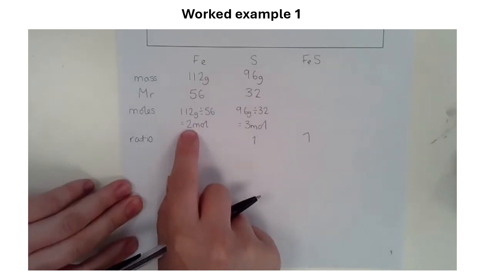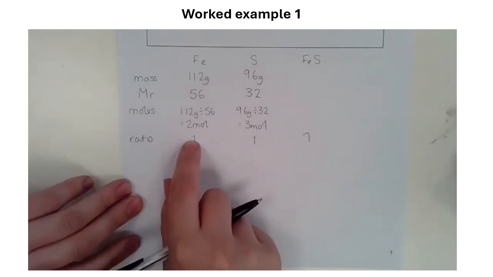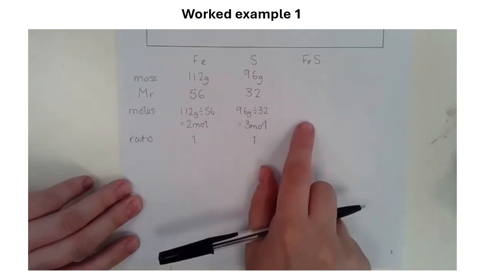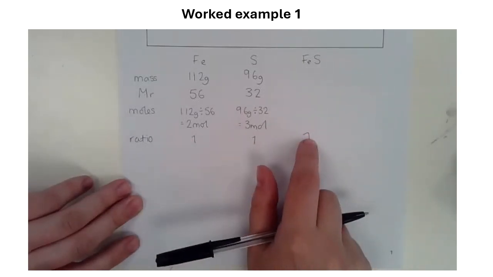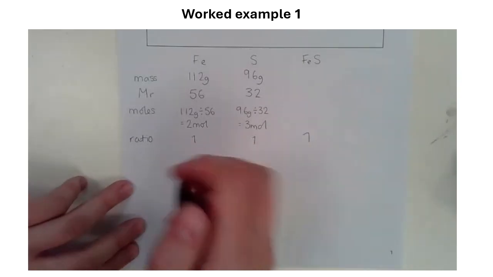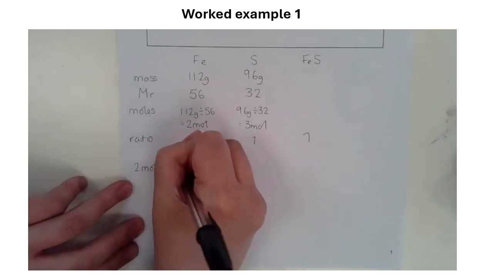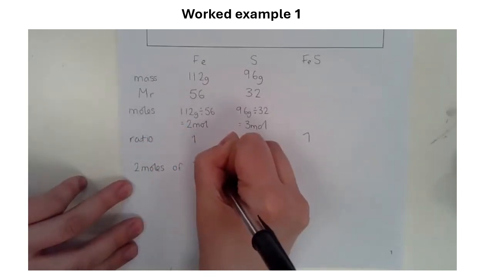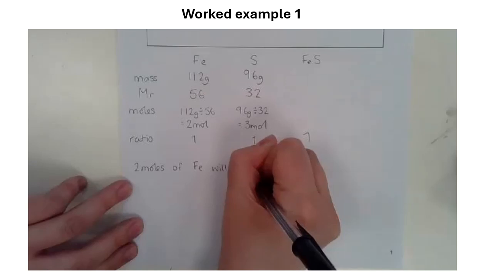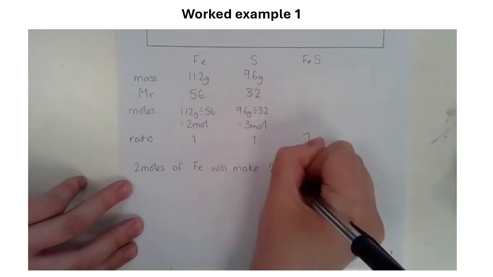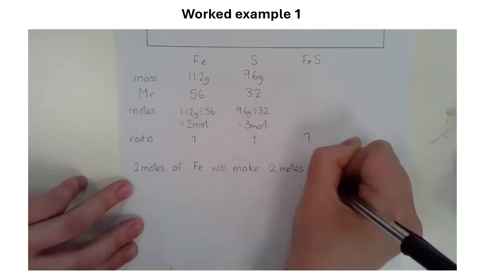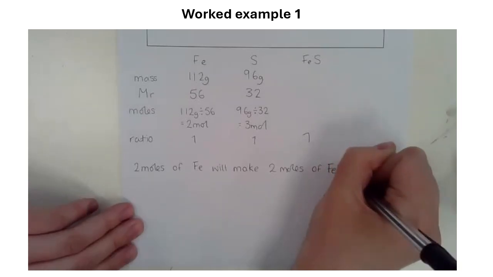If I have 2 moles of iron, the maximum moles of iron sulfide I can make with my 1 to 1 ratio is 2 moles. So my first sentence will say 2 moles of iron will make 2 moles of iron sulfide.